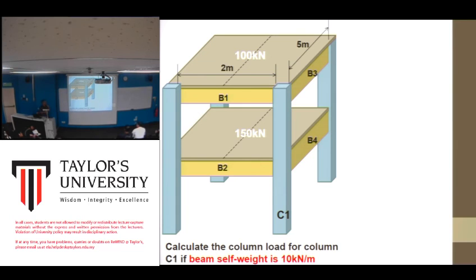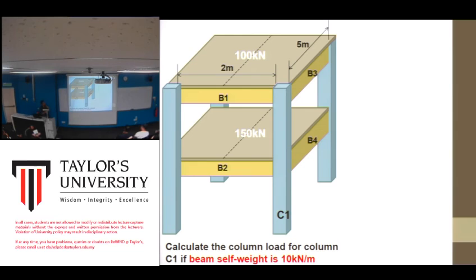Because it's a one way slab, we assume that the load from the slab is only transferred to this beam and this beam on the other side. So 50 goes here and 50 goes over here. Assuming that this beam is not carrying any load from the slab, it only carries the self weight of the beam itself.